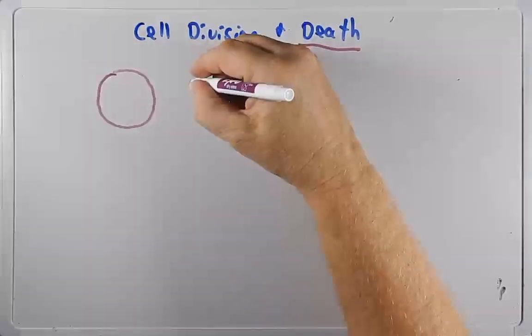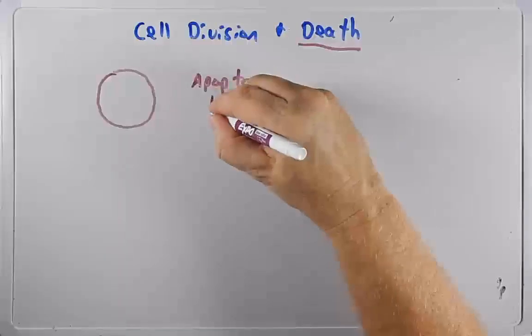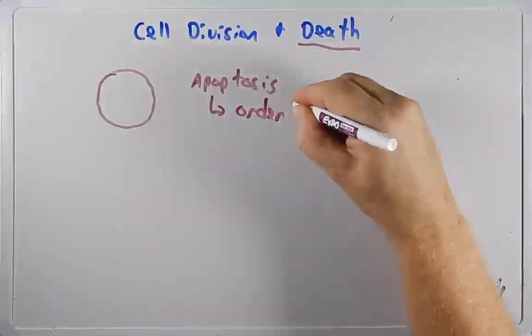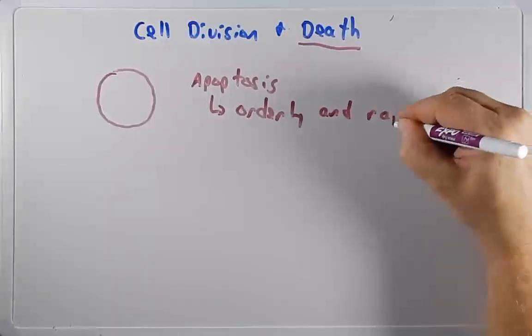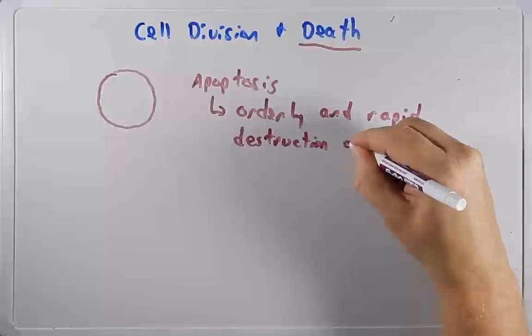What I want to talk about here is something called apoptosis. So apoptosis is an orderly and rapid destruction of a cell.